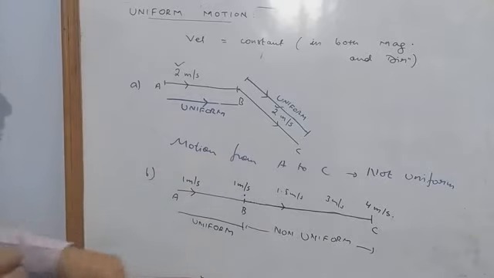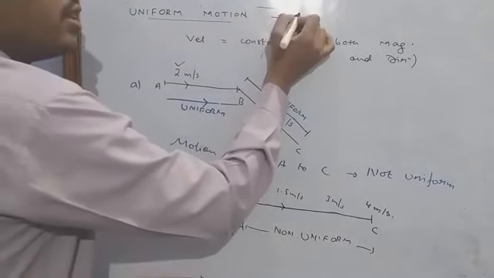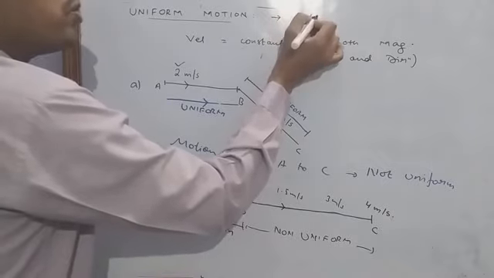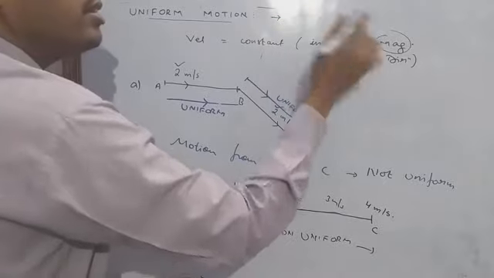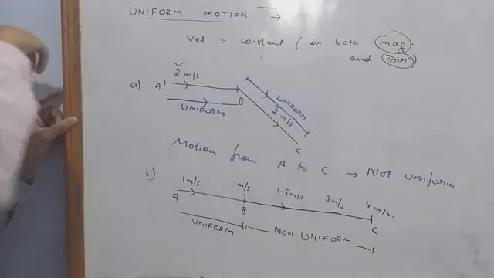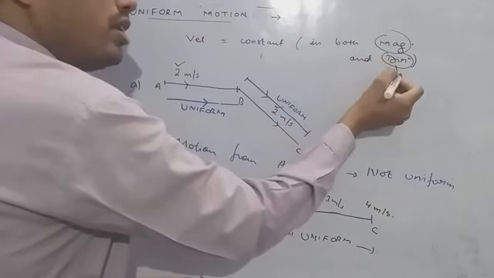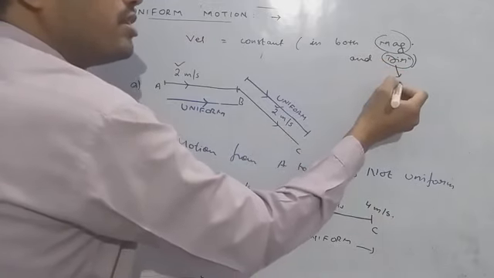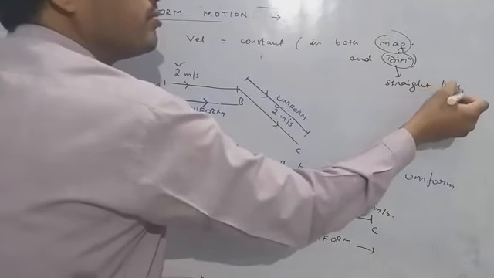So if you combine this, for uniform motion, the required condition is that velocity should be constant in both magnitude as well as direction. Direction will be constant only if the particle is moving in what kind of path? A straight path. It cannot bend.